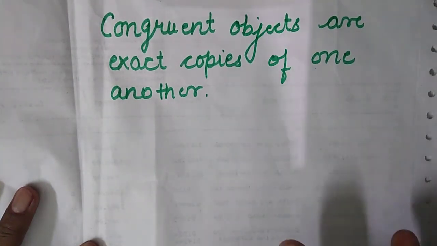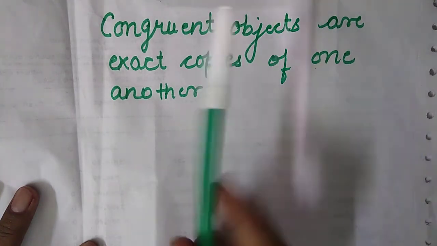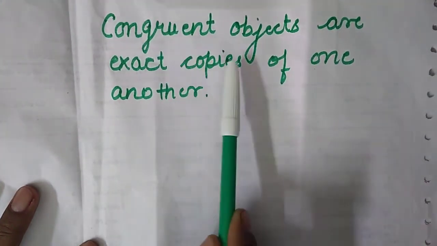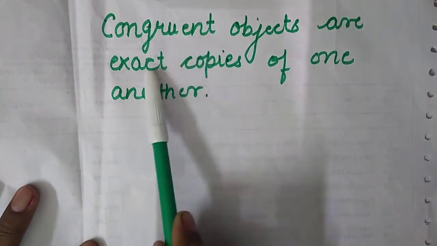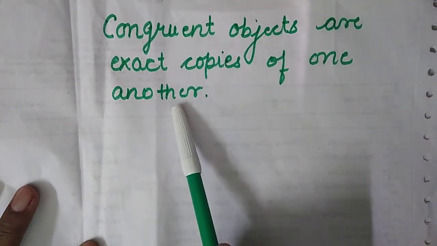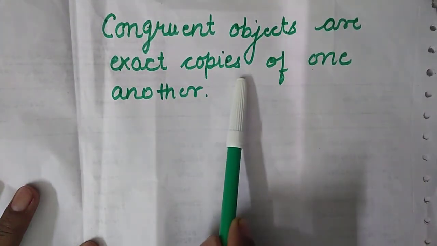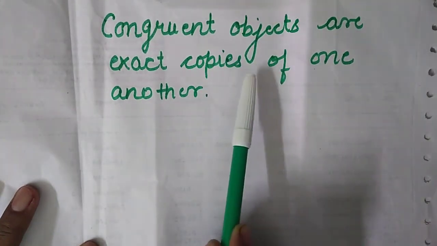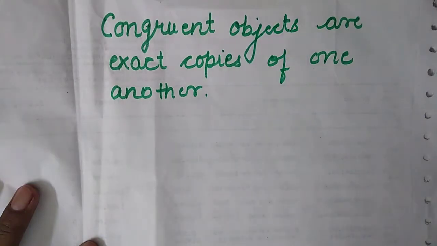Congruent means the figures having same shape and size, or you can say they are exact copies of one another, and this relation of two objects being congruent is known as congruence.